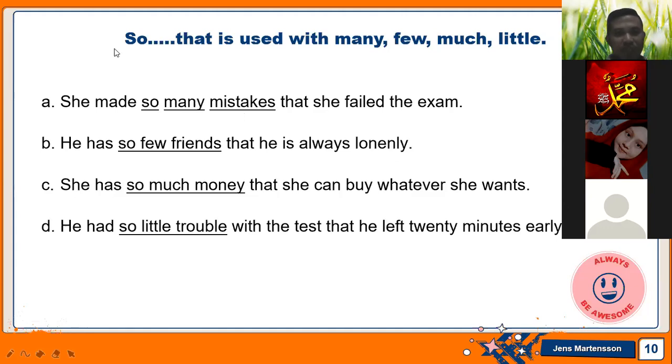Here is the example. She made so many mistakes that she failed the exam. Sama di sini dia menjadi cause, and here is the effect. Okay. You understand? Ada pertanyaan? You got question? No, sir. Okay.